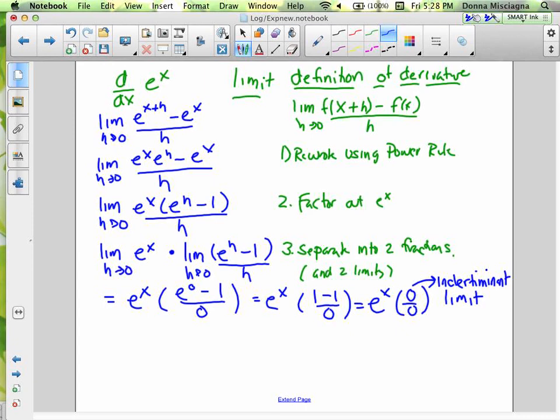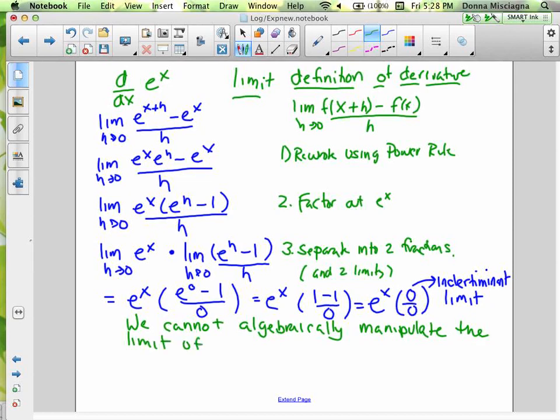So let's write that down so that we know that's what we're doing. Here we have an indeterminate limit. We cannot algebraically manipulate the limit of e to the h minus 1. Actually, let me write in the shorthand.